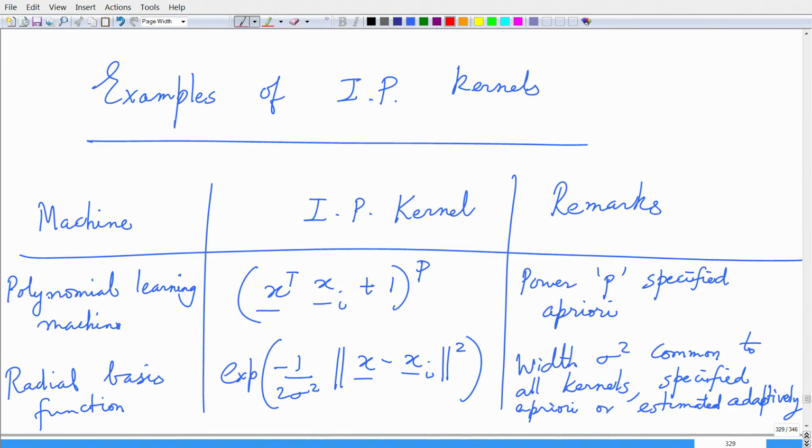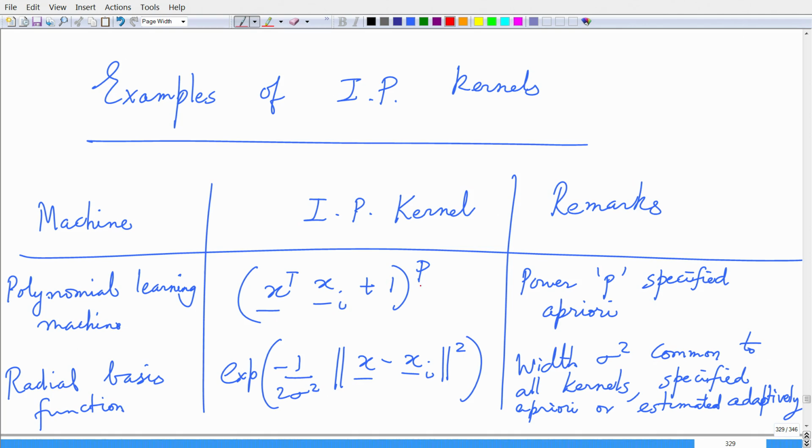let us look into some examples of how one can construct inner product kernels. I will take a couple of examples here. We can have a polynomial learning machine for which we can think of the inner product kernel to be of the form 1 plus x transpose xi whole power p, and you can expand this using the binomial expansion.